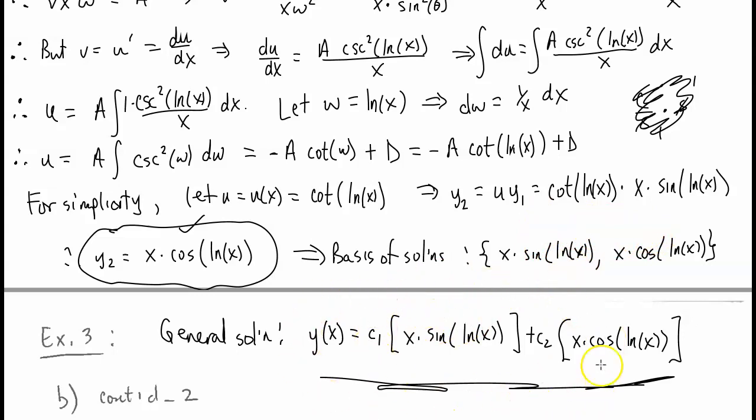And this is what our solutions would look like. Again, the C1 and C2 just mean that they're any real numbers, and this just means we're doing a linear combination of those two fundamental or base solutions.